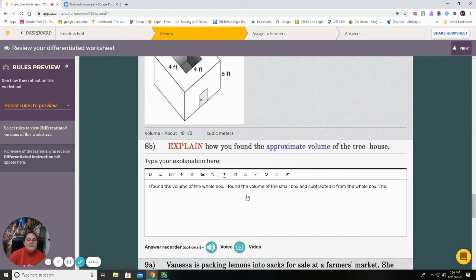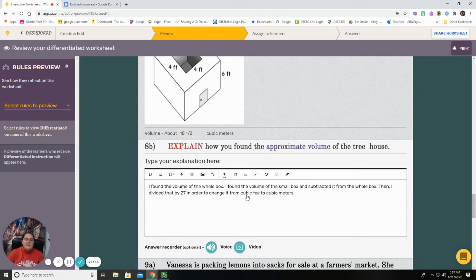Then I divided that by 27 in order to change it from cubic feet to cubic meters. Done. Something like that would be perfect.